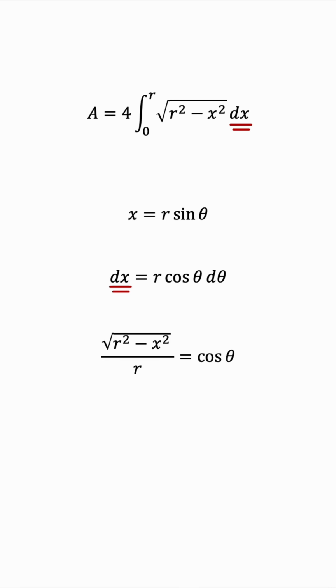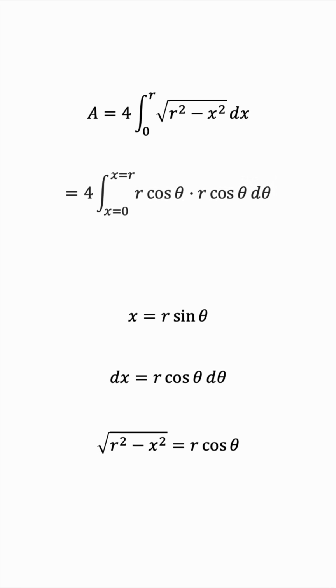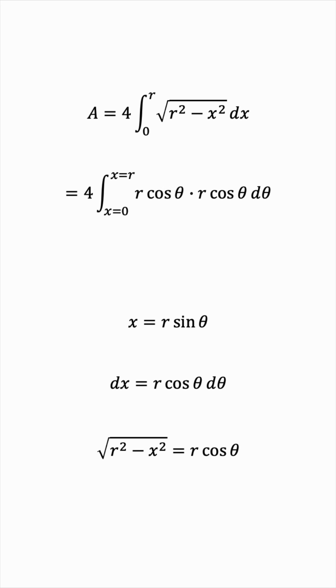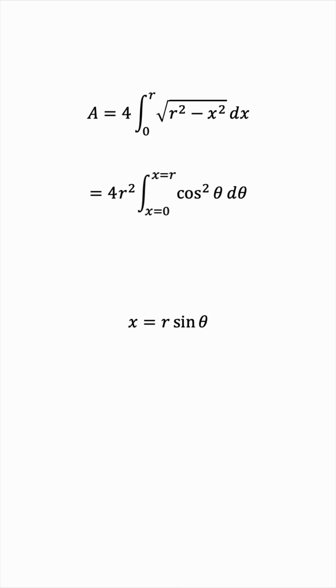For the square root of r squared minus x squared, we'll substitute r cosine theta as given by this equation. So the integral becomes r cosine theta times r cosine theta d theta, or r squared cosine squared theta. R squared is just a constant, it's not a function of theta, so we can take this outside the integral.